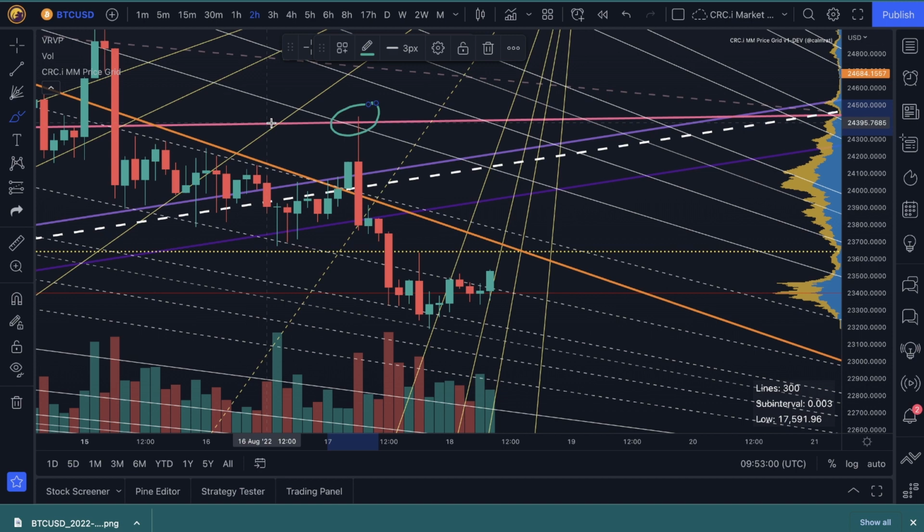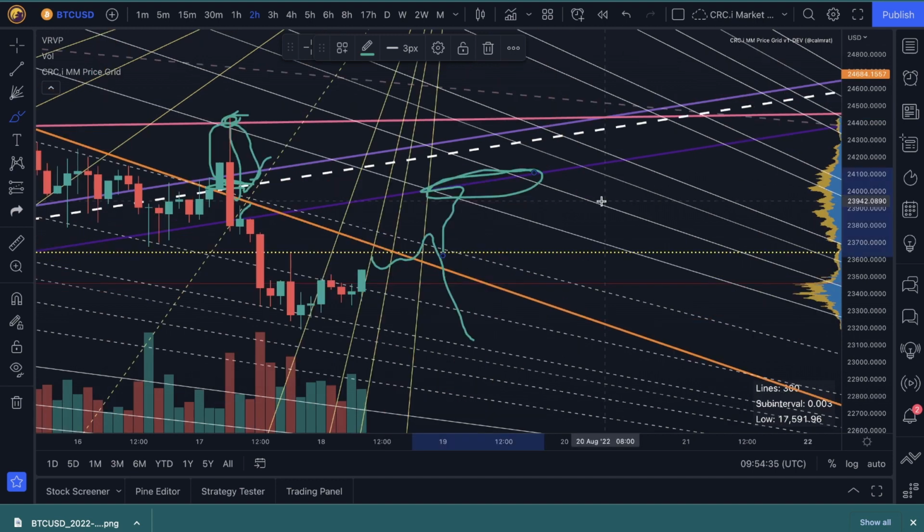We might start making some progress towards it, and then either get swiftly rejected, or we're gonna make it up and probably retouch in the next 24 hours, at least by the end of the US session. There's a high probability that we touch 24,000 in my mind. What that leaves us for in the weekend, we'll see. My hope is that we can finally start making progress back to 24.45.